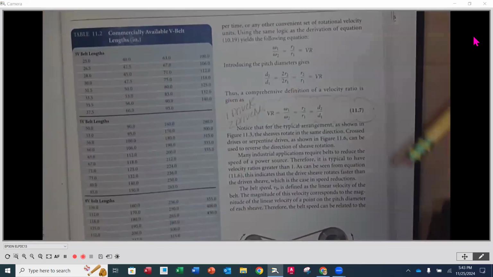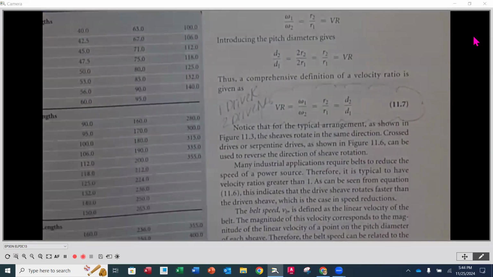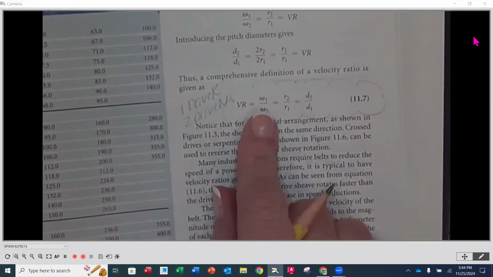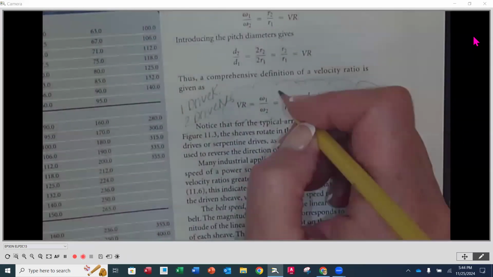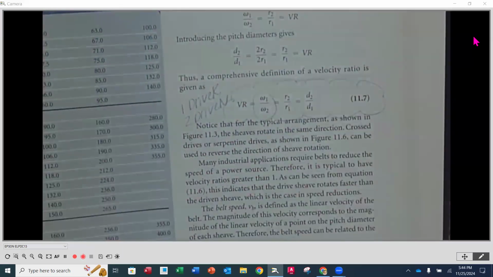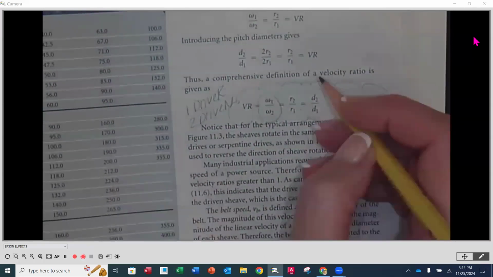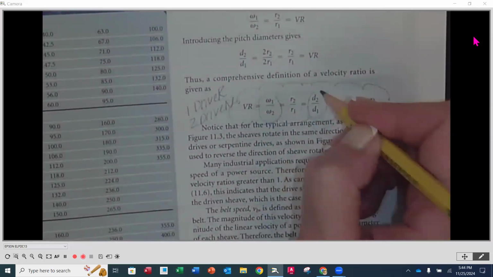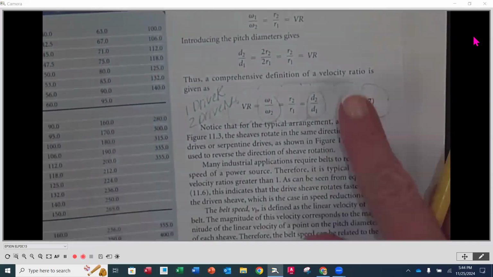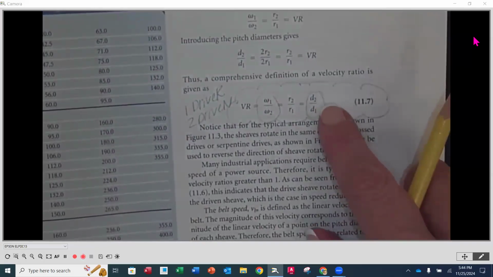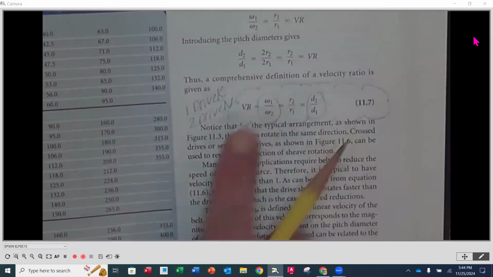You will notice that we can calculate our velocity ratio if we know our angular velocity of the input and the output, and we can set that equal to the physical size of the diameters. We know D1 and D2, and we know W1.